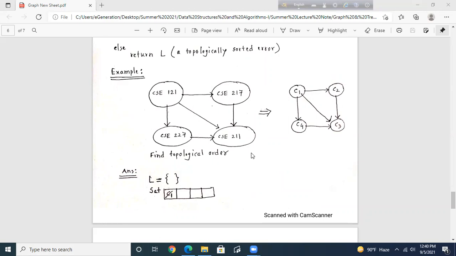So dear student, in the simplified graph, C1, C2, C4, C3, those vertices are here.